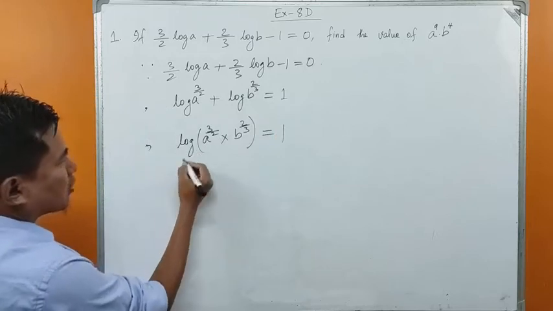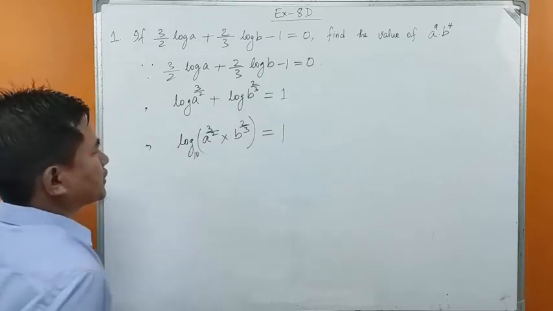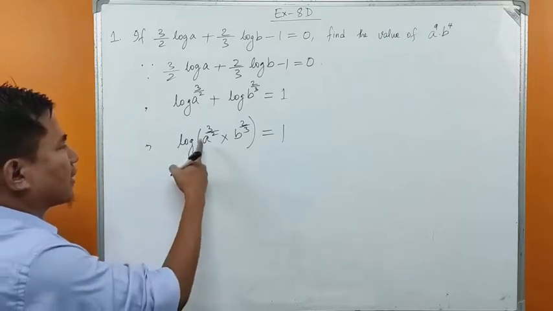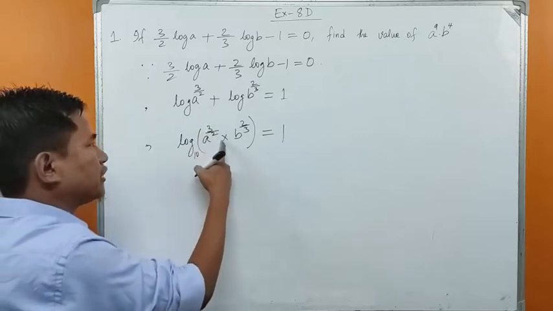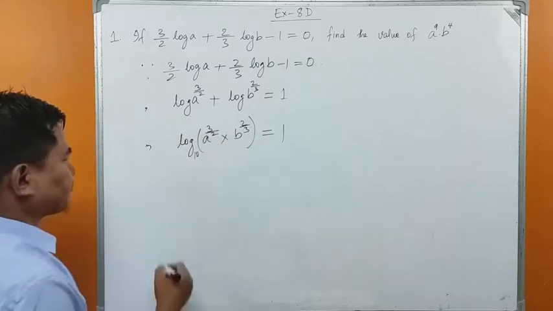So base is not mentioned here, so we can assume the base of this logarithm is 10. Log of a to the power 3 upon 2 into b to the power 2 upon 3 to the base 10 equals 1.